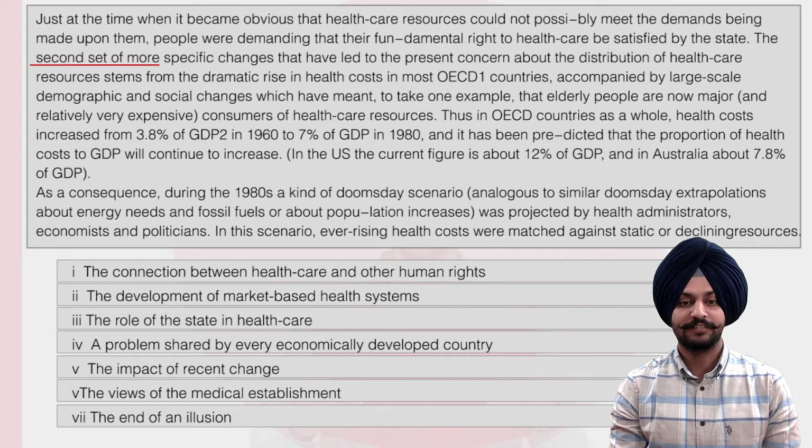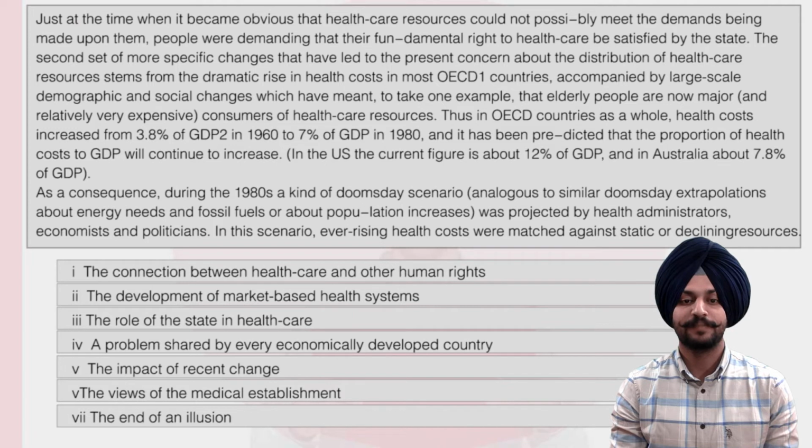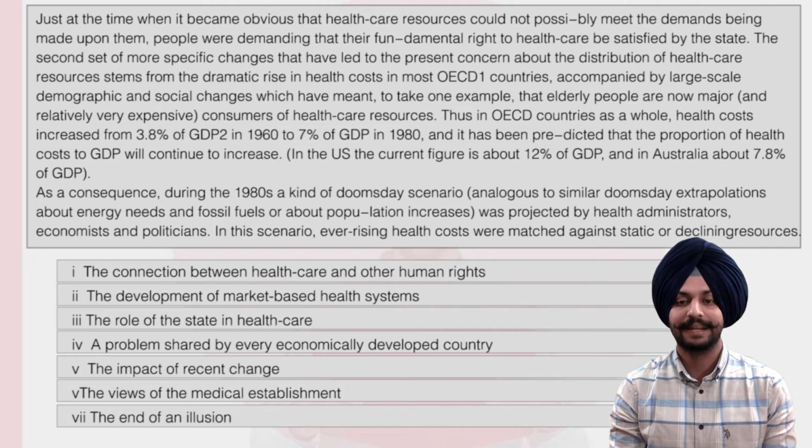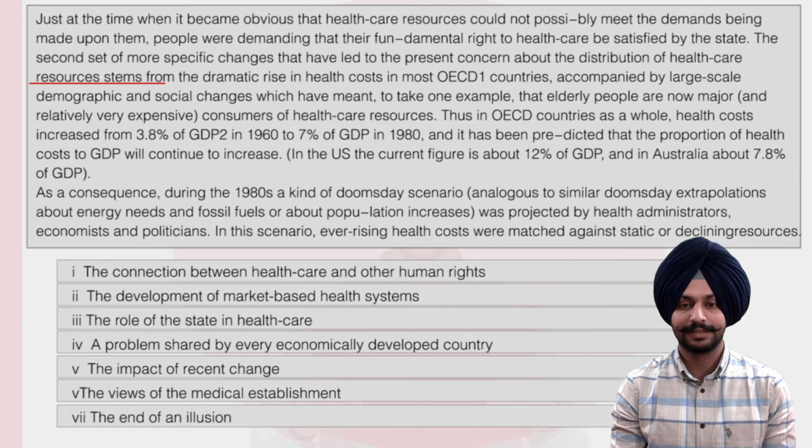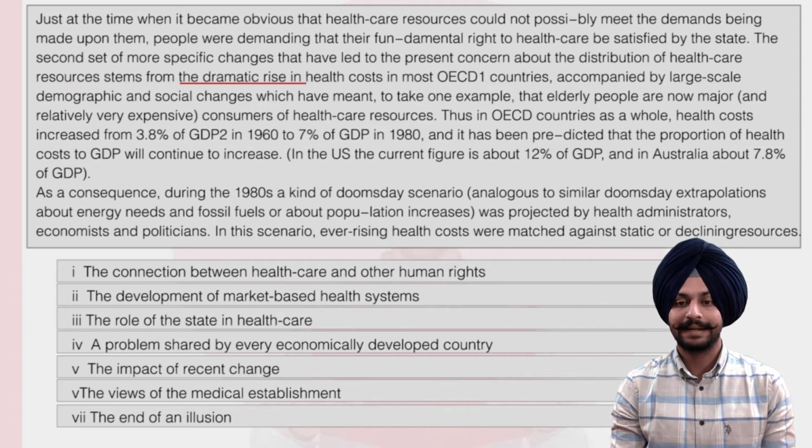The second set of more specific changes that have led to the present concern about the distribution of healthcare resources stems from the dramatic rise in the health cost in most OECD countries, accompanied by large scale demographic and social changes.